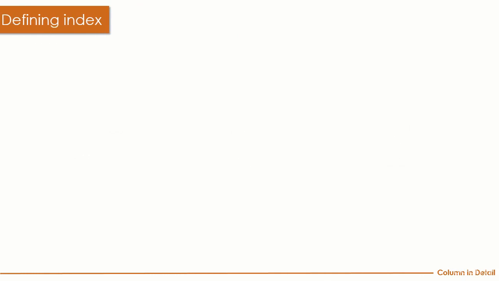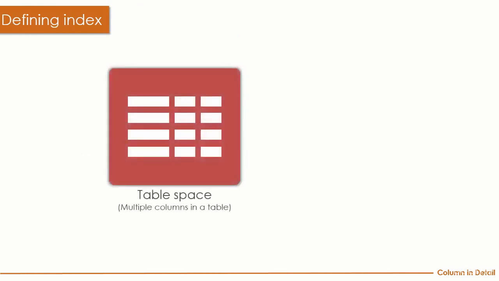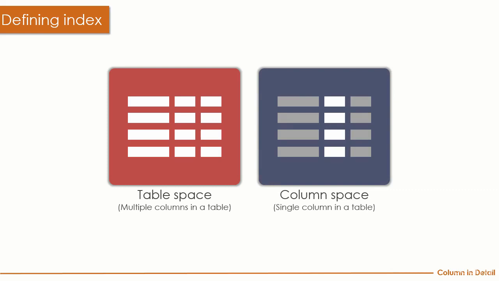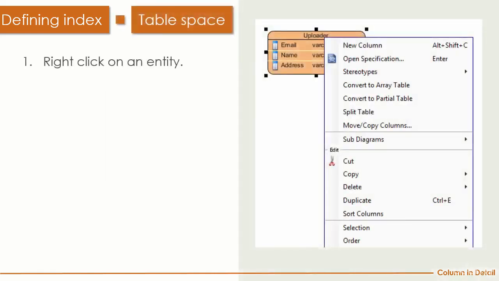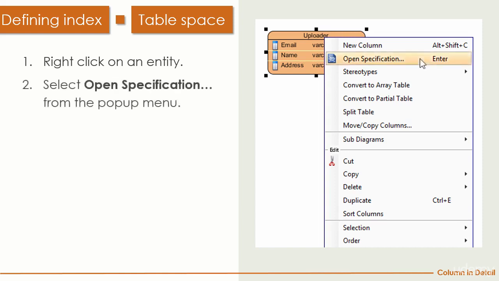So setting the index in Visual Paradigm is easy, and you have two options. You can set the index in the table space, where you can have multiple columns combined to be the index, or you can specify a single column as the index. Let's take a look at the table space. To set it is easy. You just right click on the entity and open the specification.